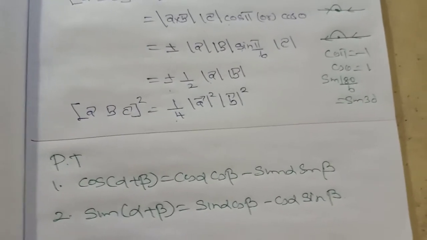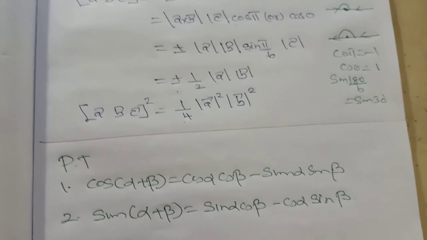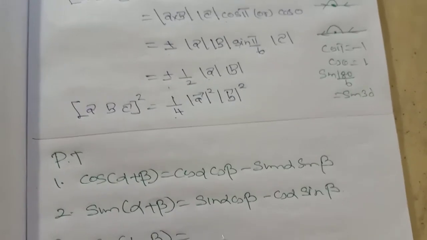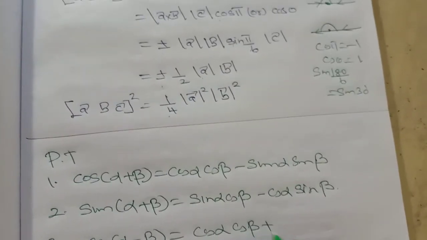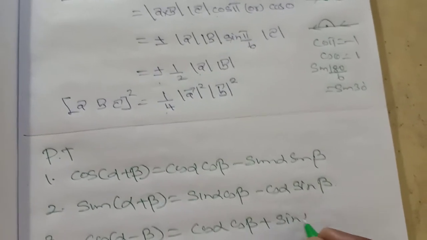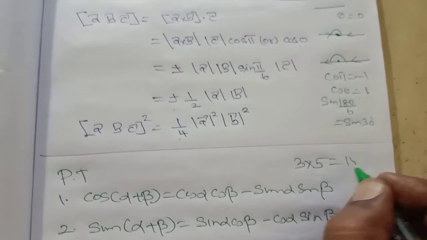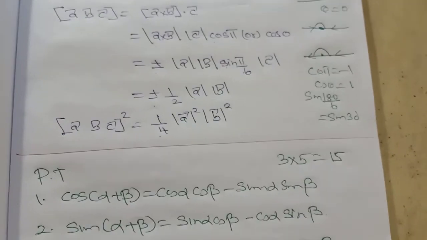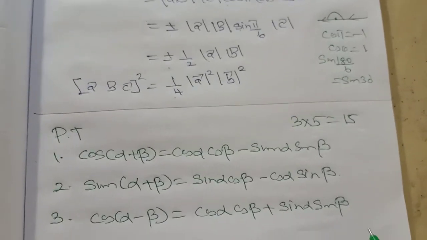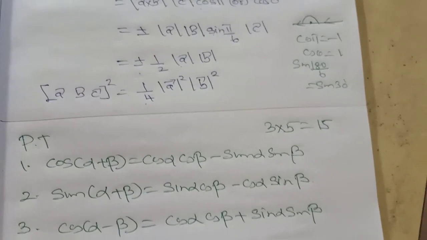Then third one is cos alpha minus beta equal to cos alpha cos beta plus sin alpha sin beta. So these three questions, 3 into 5 equal to 15 marks only. So study this and write the test.